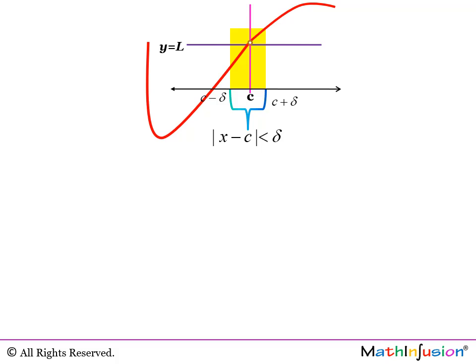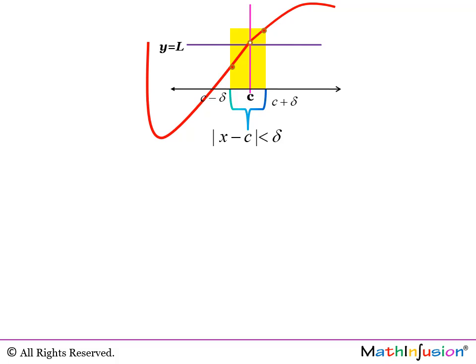When we do this, we get 2 points on the graph. We get one point, which is f of c plus delta, and we get another point, the function for the value of x being c minus delta.